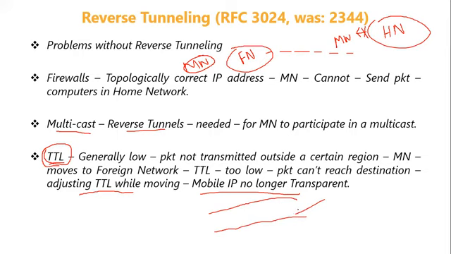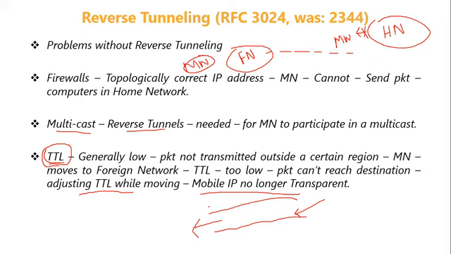Whenever a packet passes through the tunnel and comes out of the tunnel, it is considered as one hop. Actually, it may pass through hundreds or thousands of nodes through the tunnel, but logically it will be counted as only one hop. So reverse tunneling will solve this problem also.